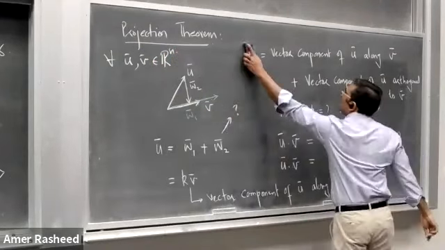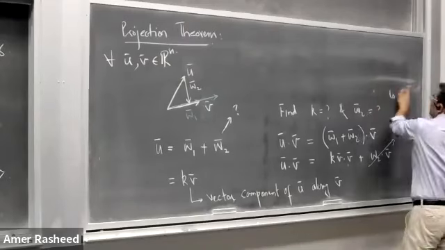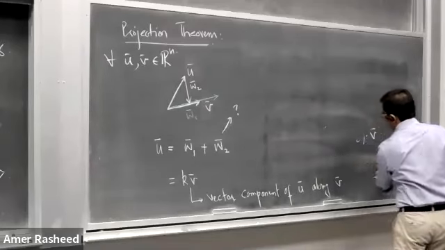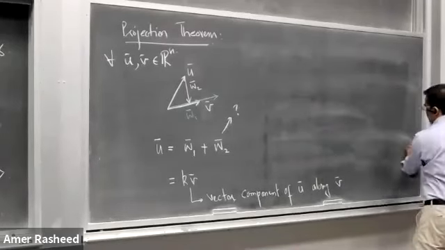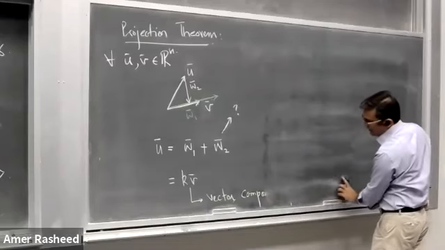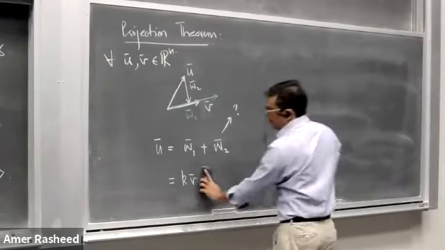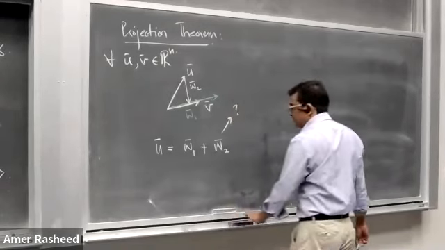Okay. Now we have a vector component of U along some other vector V, and we can find the vector component of U, which is perpendicular to some other vector V by using these two expressions.